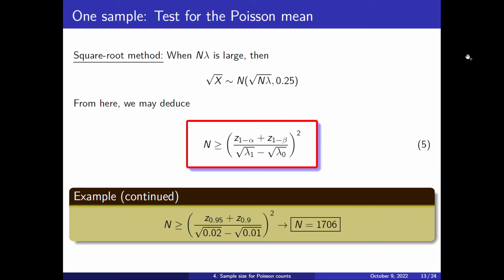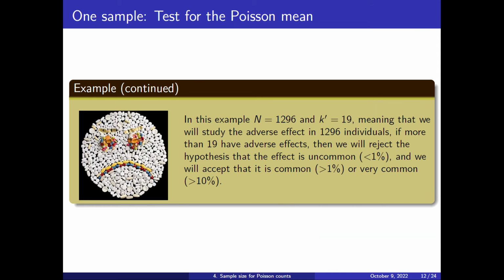So for instance, if we use this one, that is used when n times lambda is large, then the sample size has the typical Gaussian formula, so the term depending on the confidence level, the term depending on the statistical power, and the normalized effect size. And in this case we see it is pretty similar, so it is 1700 as opposed to 1300, so in the same order of magnitude.